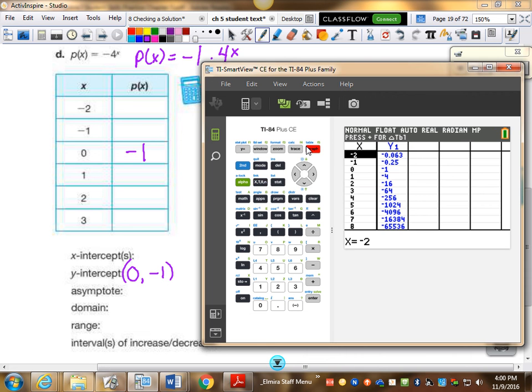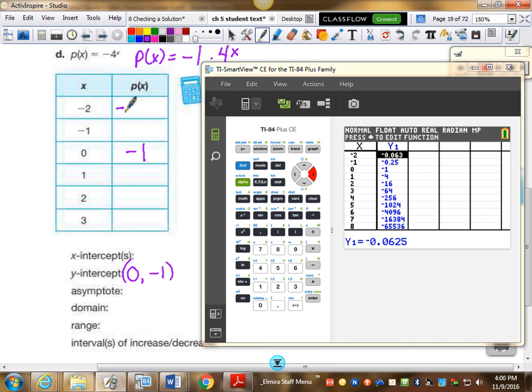Go to my table. Okay, don't forget, this value, the first value I have highlighted right now, is actually rounded. It's actually -0.0625. Then -0.25, -1, -4, -16, -64.